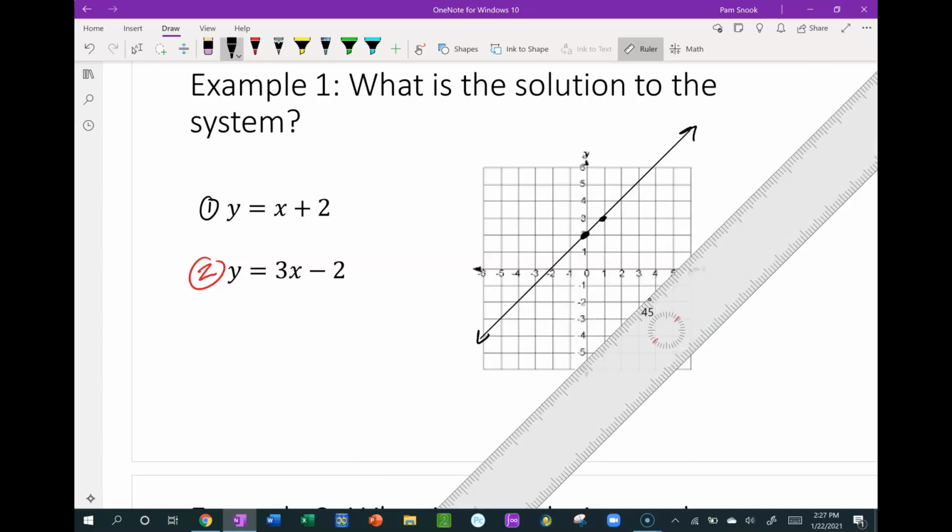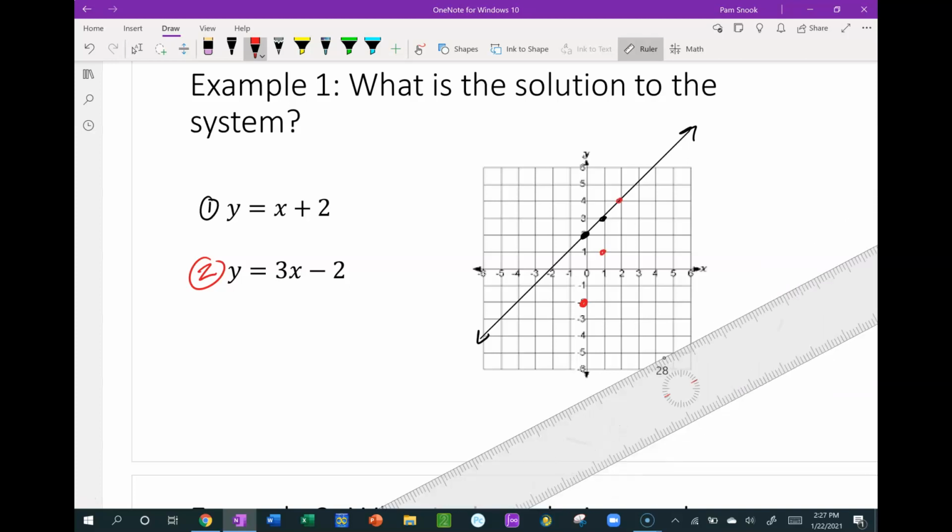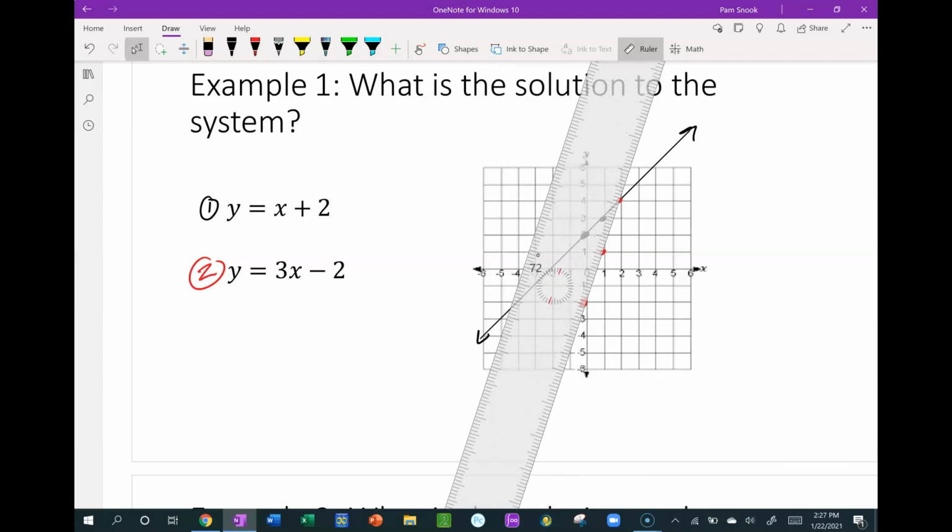Okay, now switching to red for the second line. This time my y-intercept is at negative 2. And my slope is 3, so I'm going to go up 3, 1, 2, 3, over 1, and then graph this line.